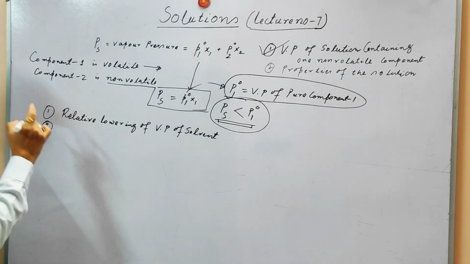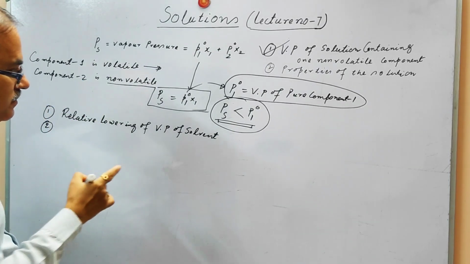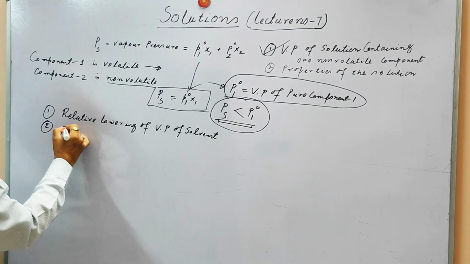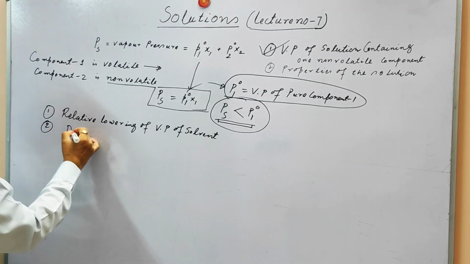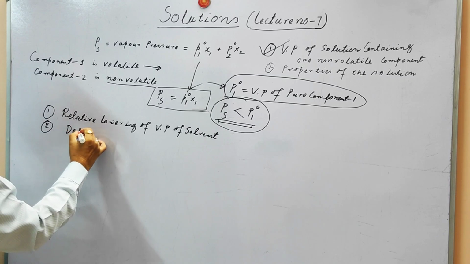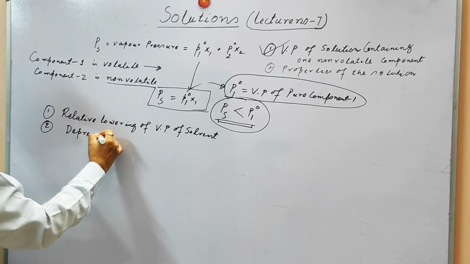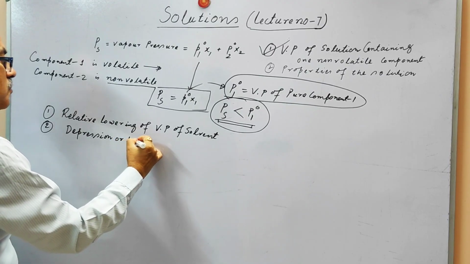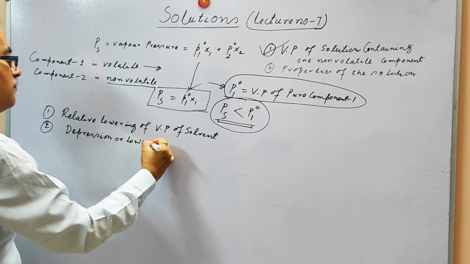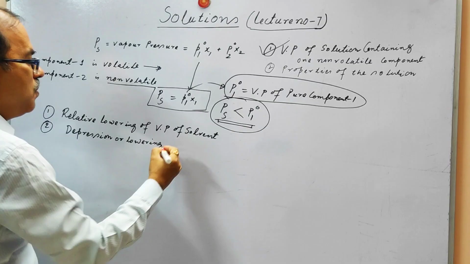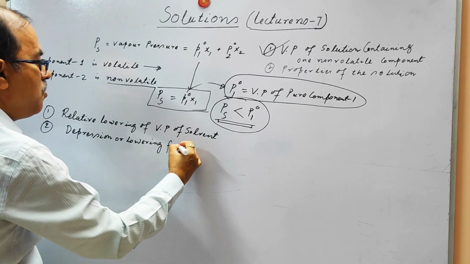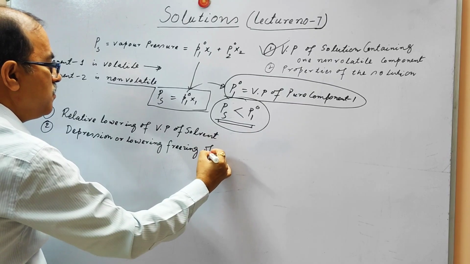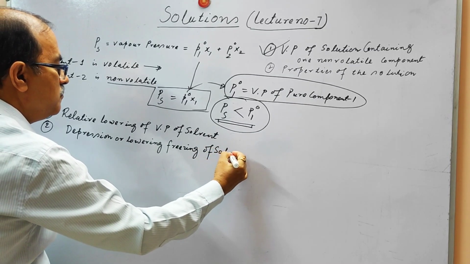Number 2, this reduction in the vapor pressure of the solution leads to the depression, or lowering, of the freezing point of the solvent, or of the solution.